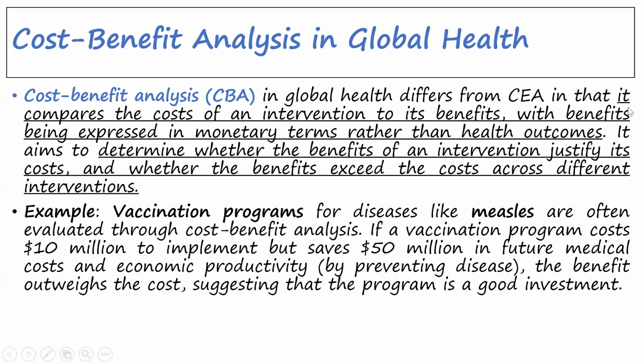So it compares the cost of an intervention to its benefit, with benefits being expressed in monetary terms rather than health outcomes. It aims to determine whether the benefits of a hospital or intervention justify its cost and whether the benefits exceed the cost across different interventions.